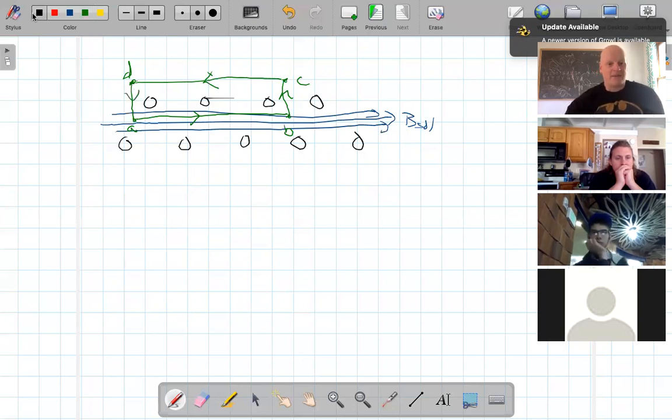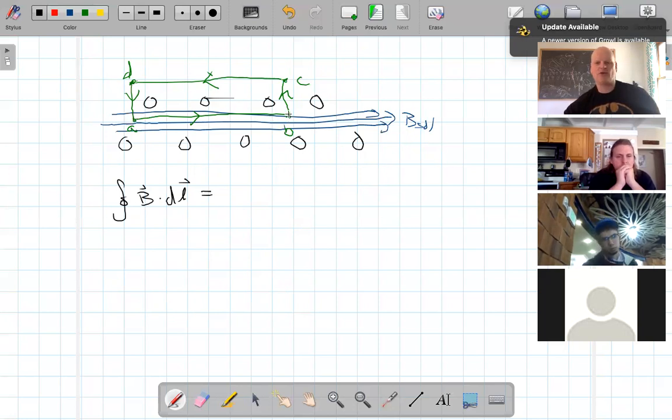The left-hand side of Ampere's law says that the closed loop integral of the magnetic field dotted by the differential length is going to be broken up into 4 different integrals. I'm going to have the integral from A to B, from B to C, from C to D, and then from D to A. So the closed loop integral is simply the sum of all 4 of those integrals.